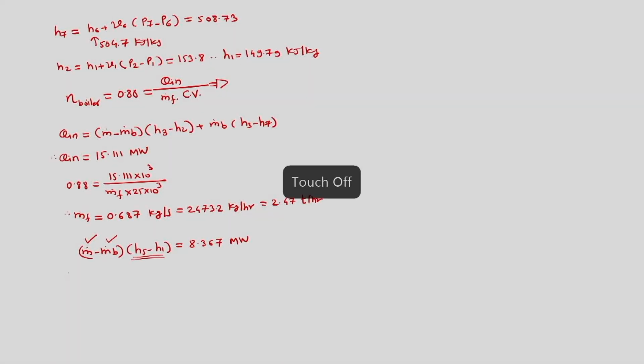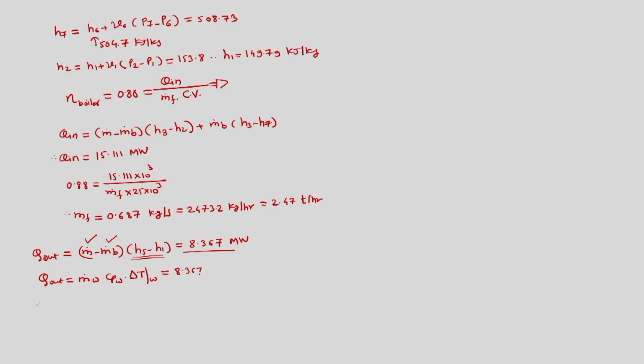Knowing this, we just found out the Q out. So Q out for us is equal to mass flow rate of water into Cp of water into delta T of water. So this is equal to 8.367 into 10 to the power 3 kilowatt.